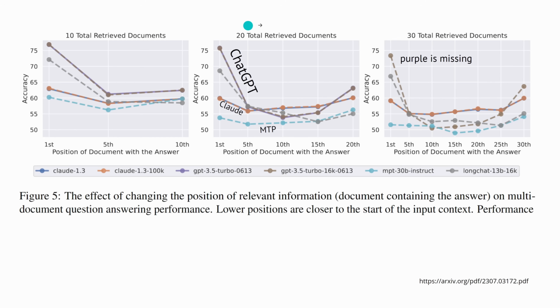If we go to 20 retrieved documents in our context window, you see that for ChatGPT there is a dramatic decrease in performance. The accuracy goes down like crazy till we reach the middle minimum point, and then it goes up again at the end. Remember, given a long sequence of numbers to remember, you remember the first number, the last number, and maybe in the middle you are not so sure.